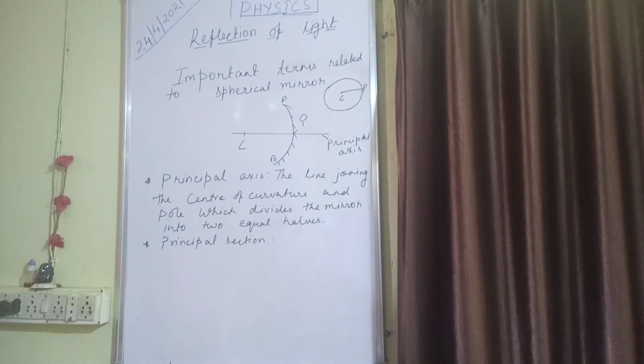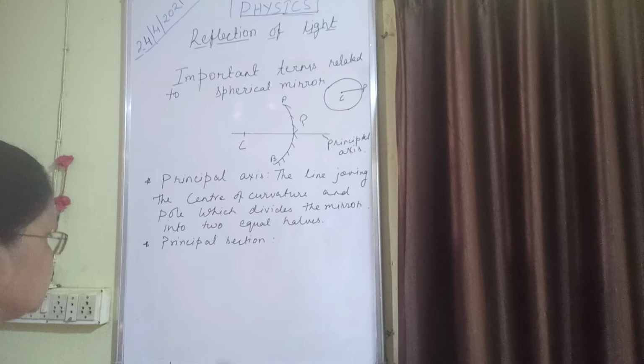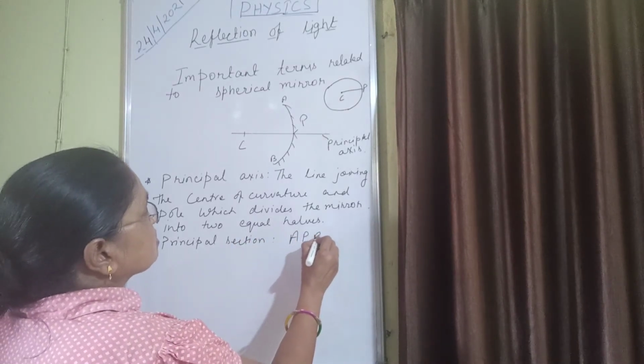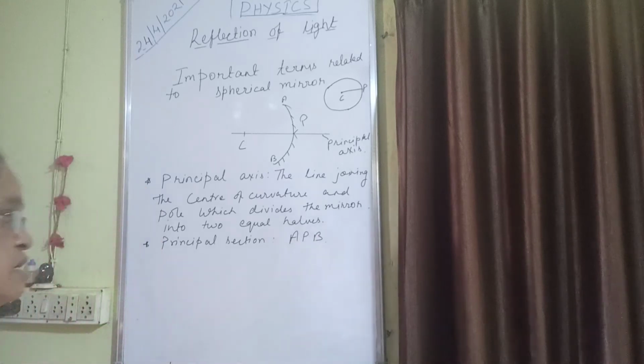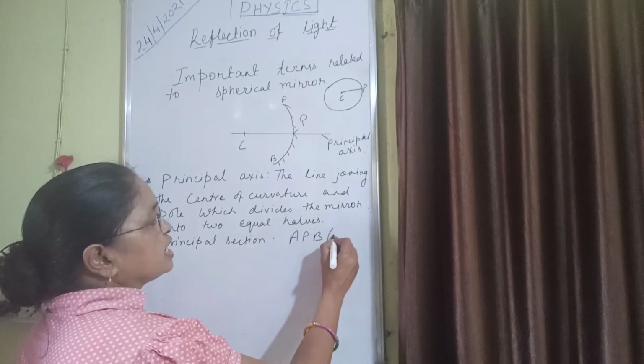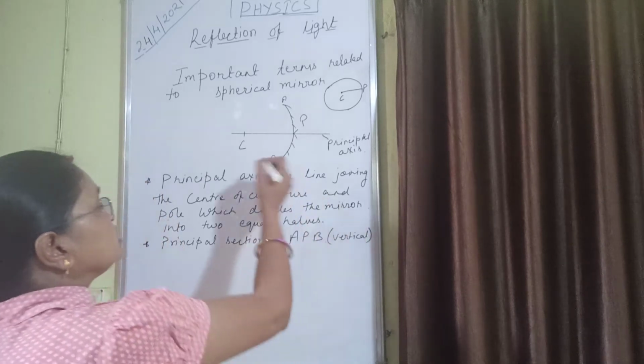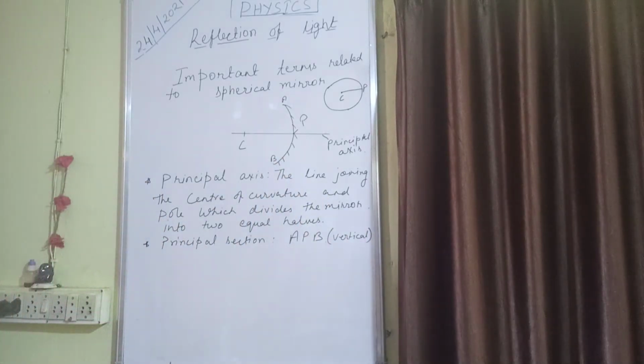So students, you write this as principal section APB. I think you know vertical and horizontal. The vertical section is known as principal section.